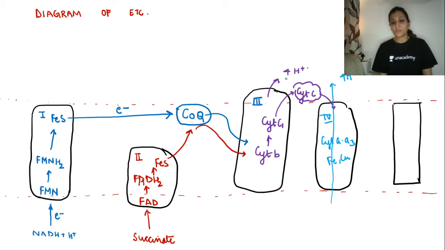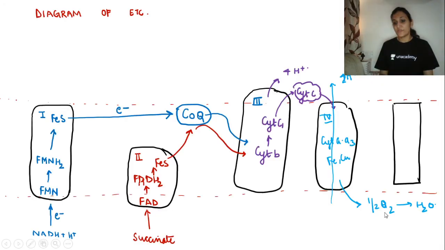So here also there will be liberation of hydrogen ions, and the electron will go to half of the oxygen, and then it will be converted into water. The final acceptor of electron is oxygen.